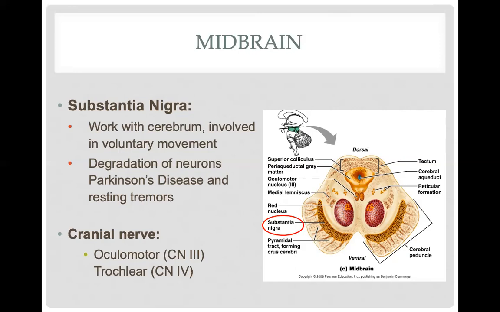Now, one thing I do want to add, and this is going to be more in detail in your next week's lecture, is introducing your cranial nerves. So you have a total of 12 cranial nerves that originate from your brain. Cranial number 1 and 2 is not included here.